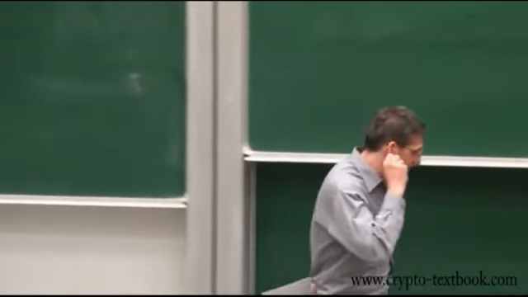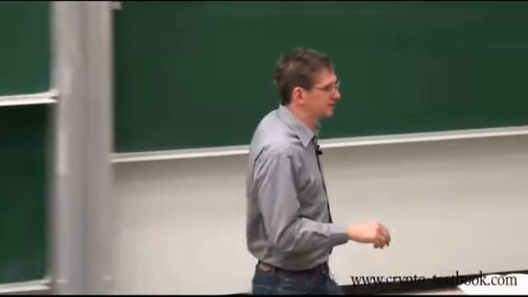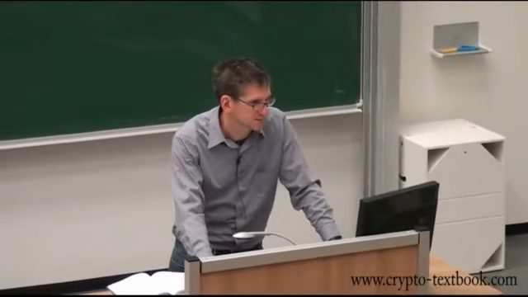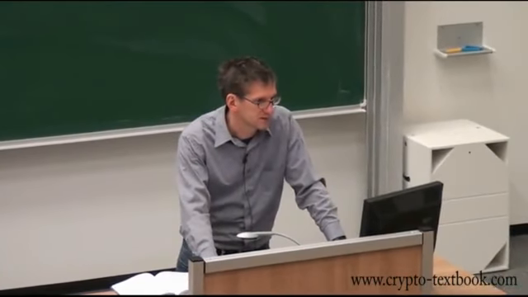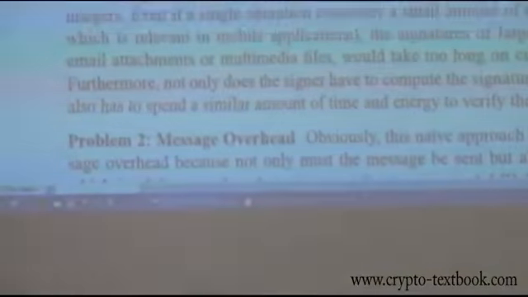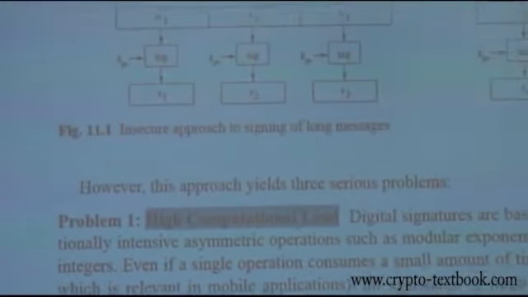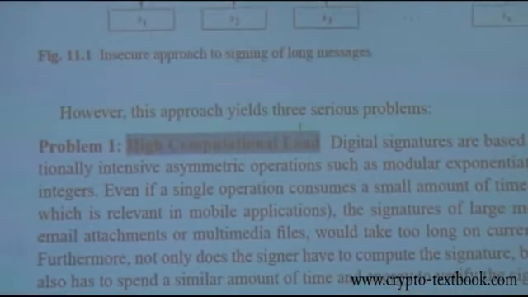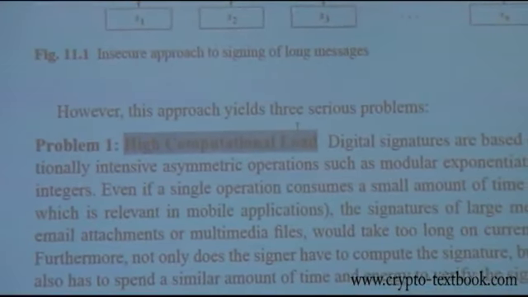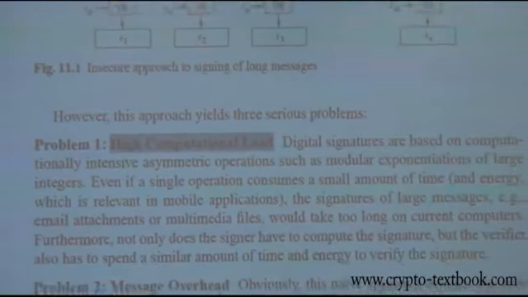One problem we saw before, when we looked at this naive approach, and one of you said it, the fancy term is high computational load, which means this is really slow, if you compute an individual signature. We don't want to do that.